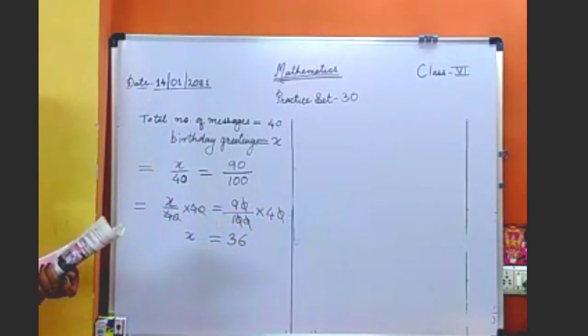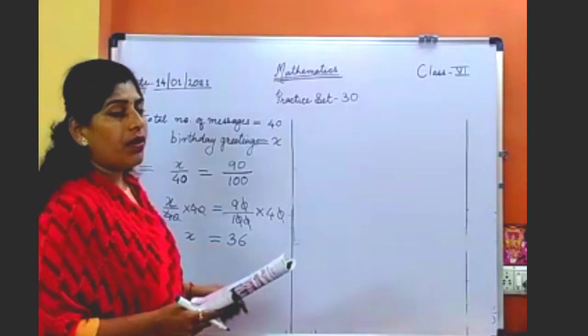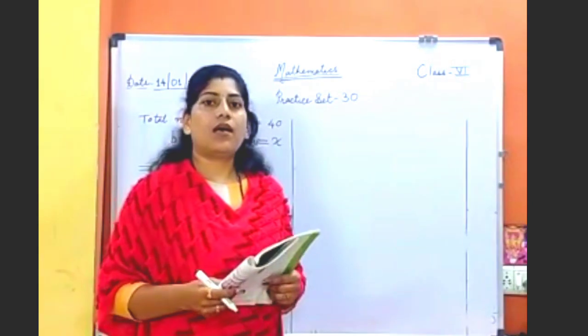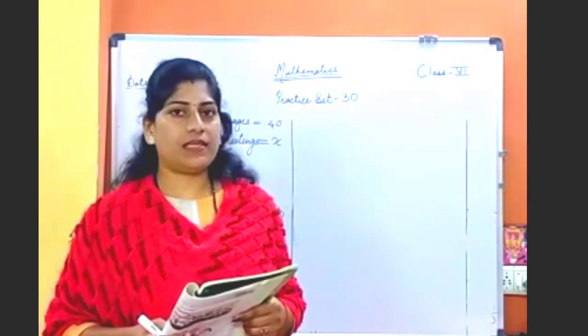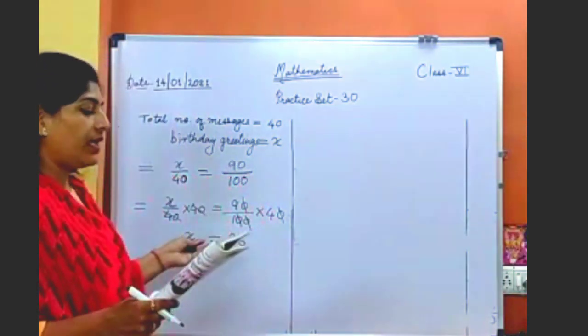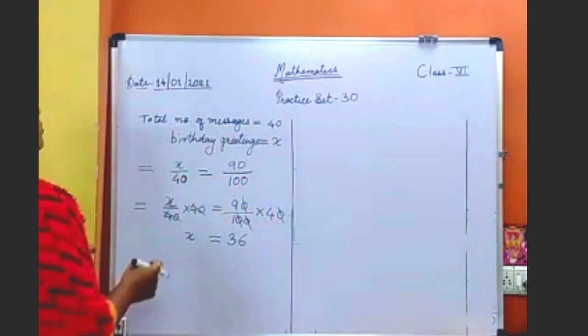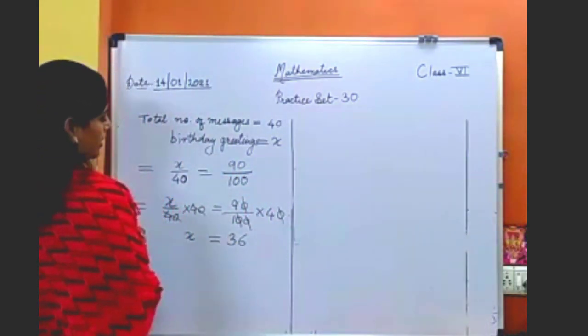Soham got 36 birthday greetings from the total messages. The question is, how many other messages did he get besides the greetings? So birthday greetings he got, the answer we got is 36, right?